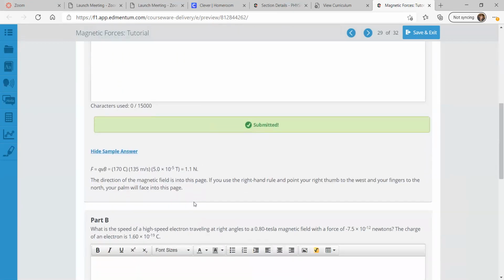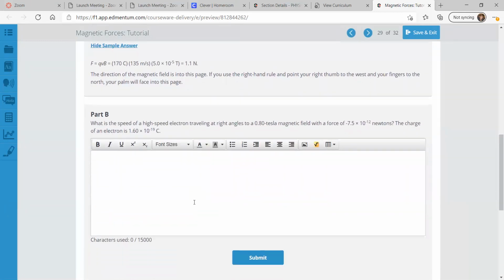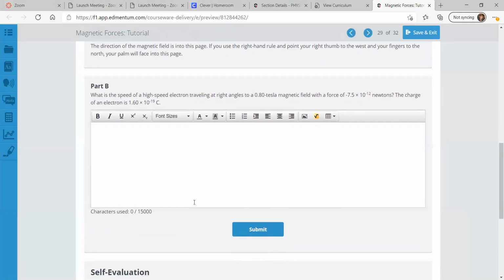Okay, cool. What is the speed of a high-speed electron traveling at right angles to a 0.80 Tesla magnetic field with a force of negative 7.5 times 10 to the negative 12 newtons? The charge of an electron is negative 1.6 times 10 to the negative 19 coulomb.